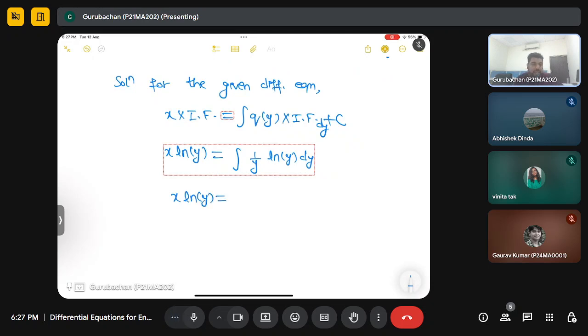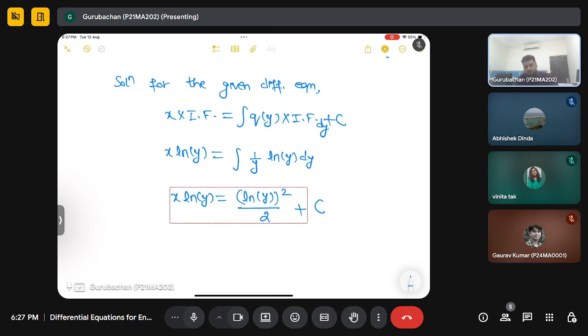Now observe again, treat ln y as some z, and 1 by y dy will be its differentiation. So this integration converted into the integral of z dz. Therefore this will be nothing but z squared divided by 2 plus c.